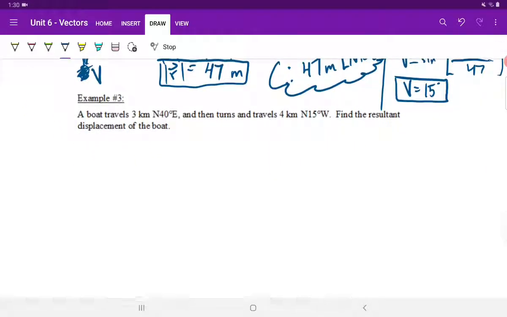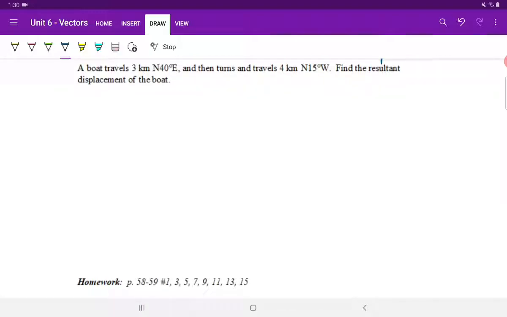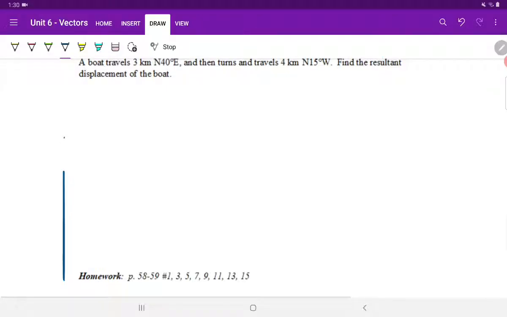All right, let's do our last problem here. A boat travels 3 kilometers north 40 east and then turns and travels 4 kilometers north 15 west. So if this is my initial axes and I draw something 3 kilometers north 40 east, that will be something about here.